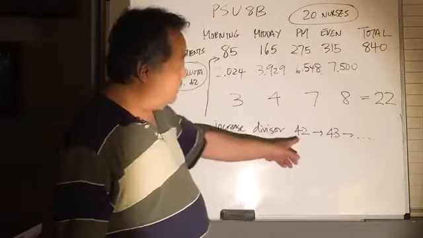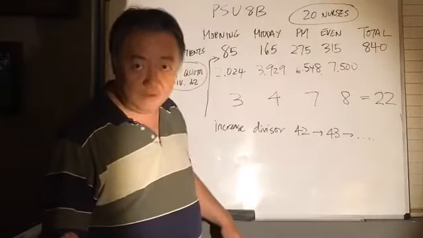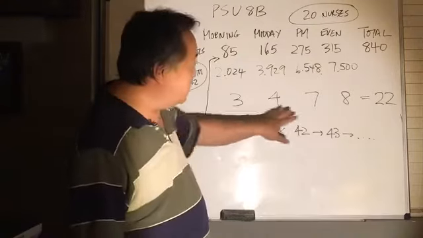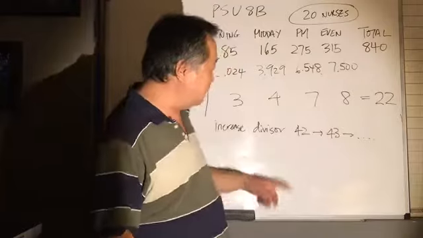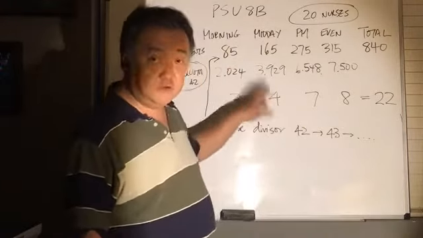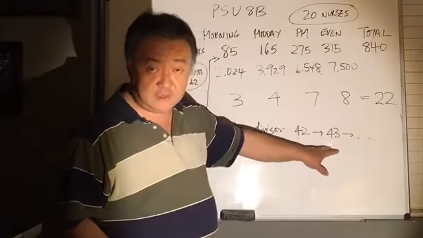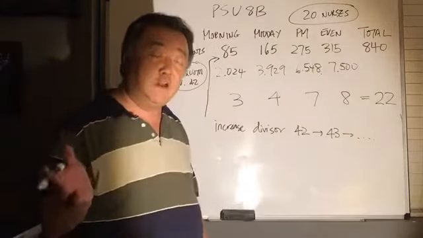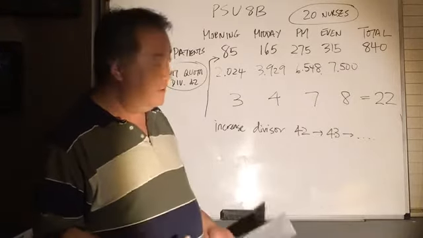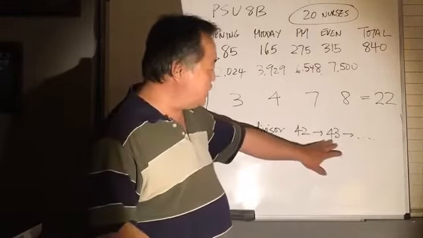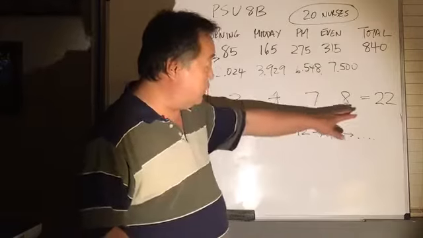When you bump up the divisor, these numbers are going to drop, until you drop to a number that's 20. So 3, 4, 7, and 8 are going to drop when you increase the divisor. So it goes the opposite direction of Jefferson's method. Keep adjusting the divisor until you get a sum total that's 20.